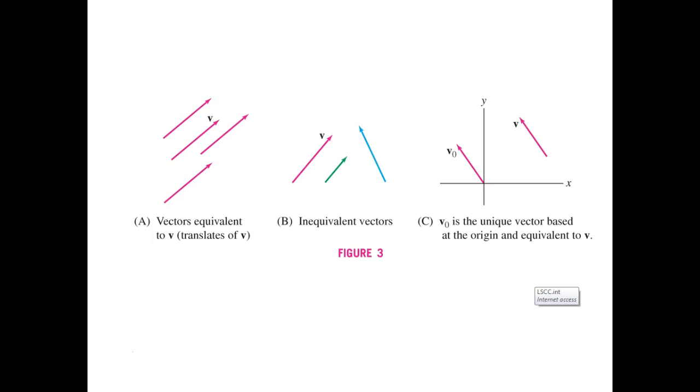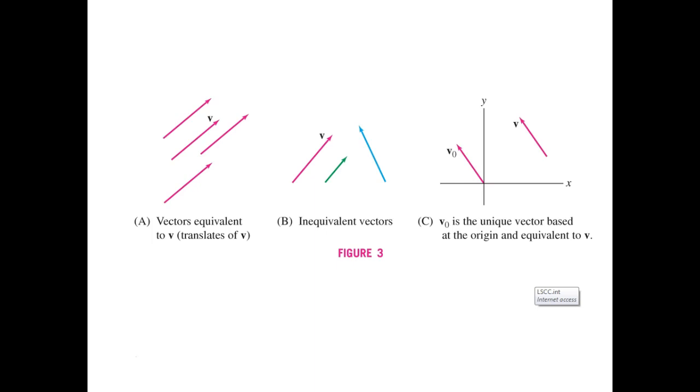In the A part of figure 3, all these vectors are equivalent to one another. They are all translates of vector v. They all have exactly the same magnitude and precisely the same direction. So therefore, these are equivalent vectors.